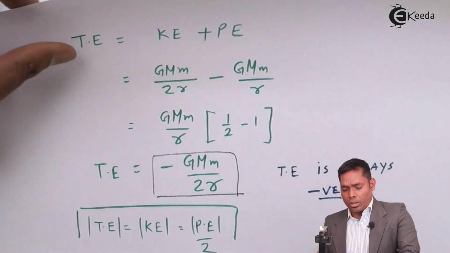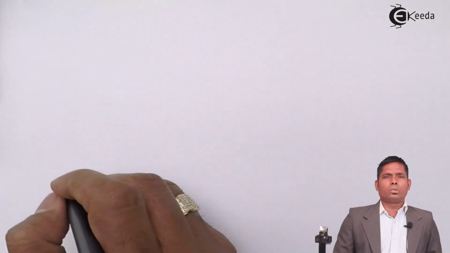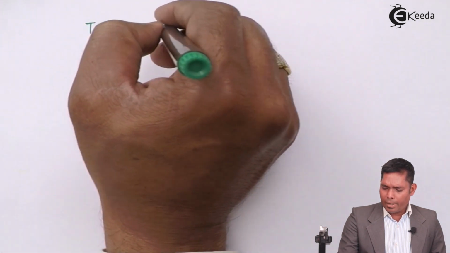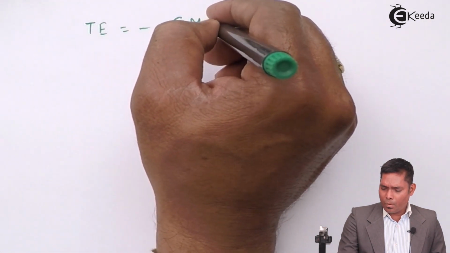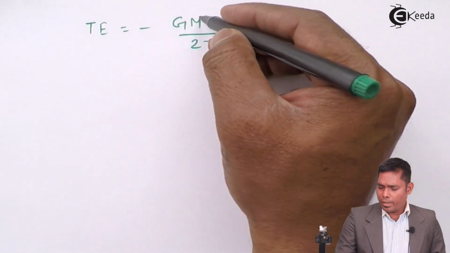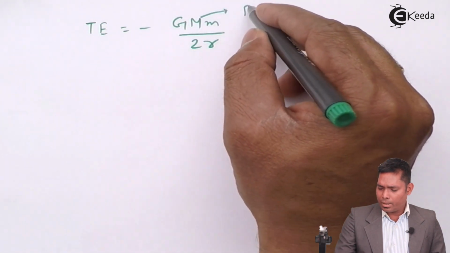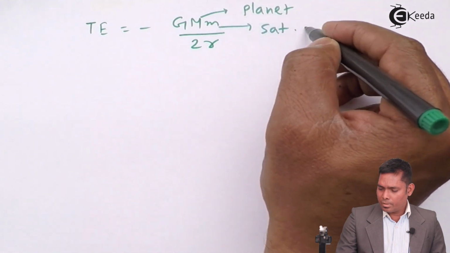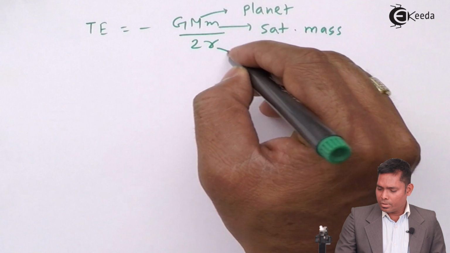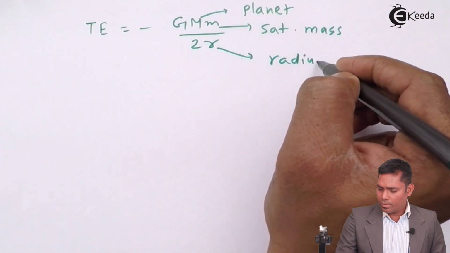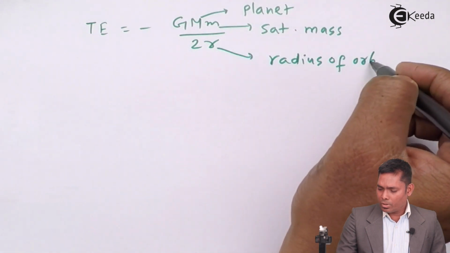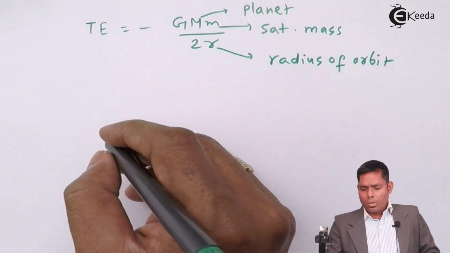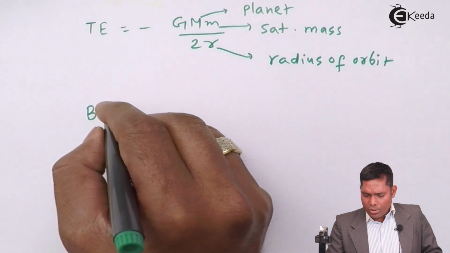Now moving back to the topic, the total energy comes out to be minus G M m divided by 2R, where M is the mass of the planet, m is the satellite mass, R is the radius of the orbit, and G is the gravitational constant. Now, what is binding energy?